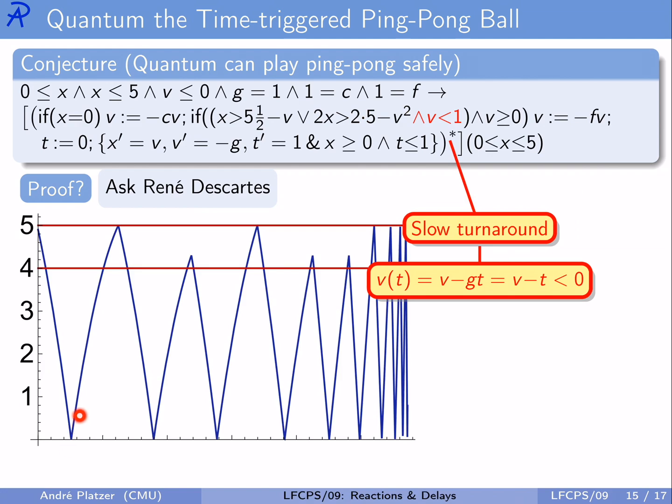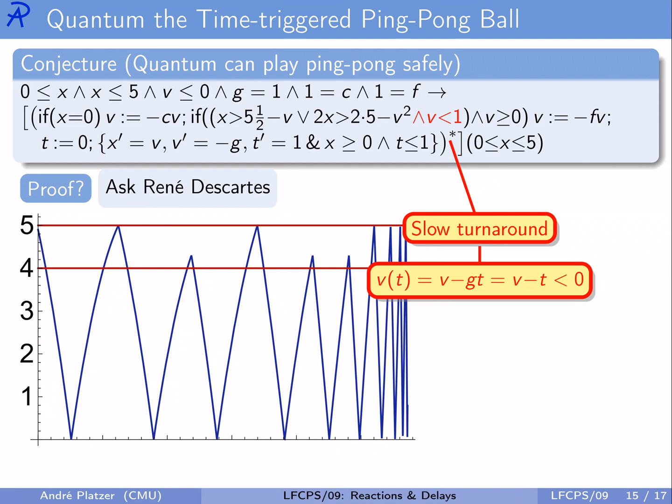Down here, we're still climbing up pretty fast, but up here, we're near turnaround time. And since this is already checking whether we have to act because after 1 second we're in trouble, all this side needs to do is check that between 0 and 1 time unit, if we go too high, we need to act right now. And that happens whenever the remaining velocity is so small that we're almost turning around already.